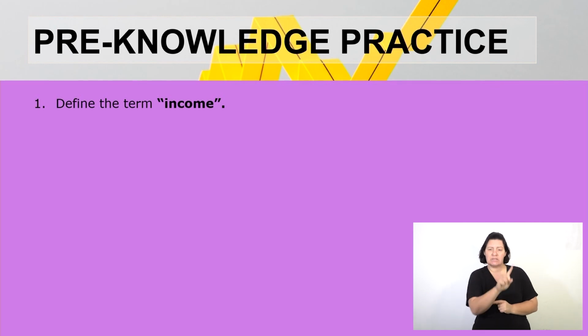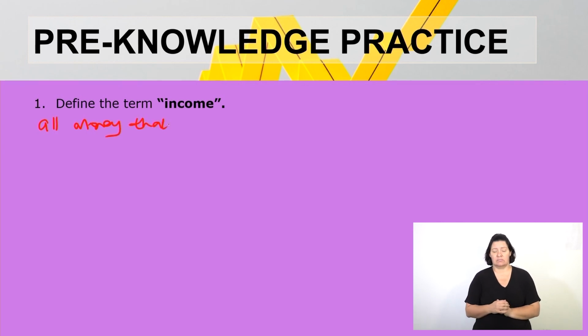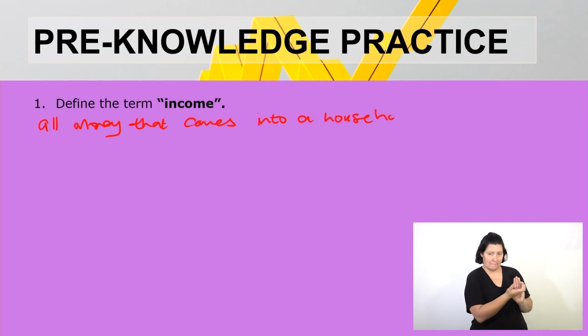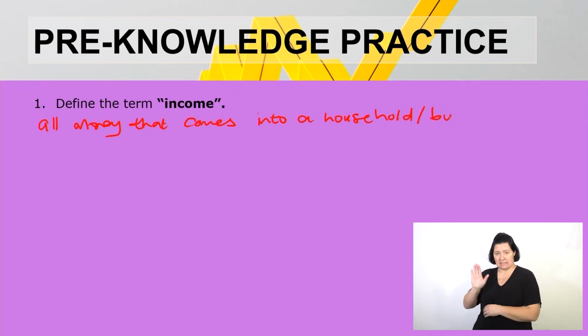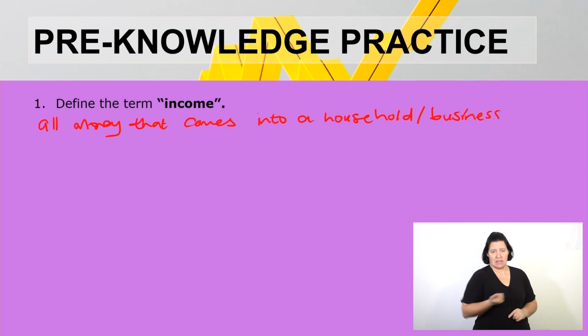So income is all money, I'm going to write it down for you, that comes into a household, and if you have a business, that can be a business, or that can also be money that government receives.